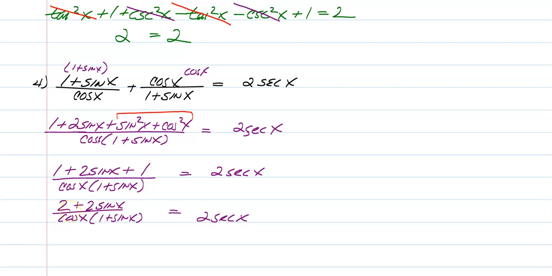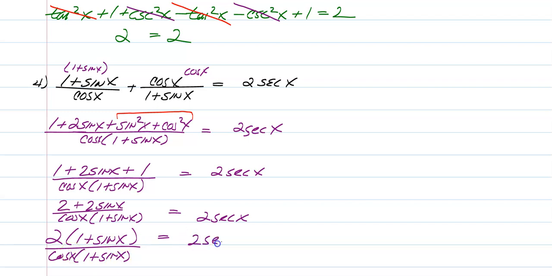And over here, one of the things you learned back in the day is factoring out greatest common factors. These have a GCF of 2. So factor out a 2, leaving you with 1 plus sine x over cosine x and 1 plus sine x.